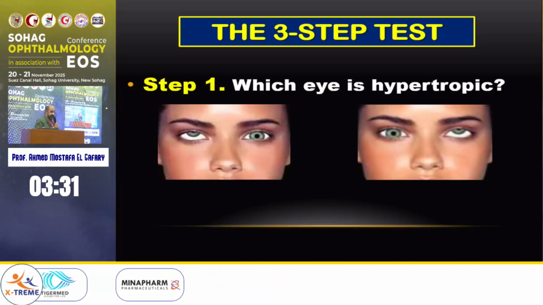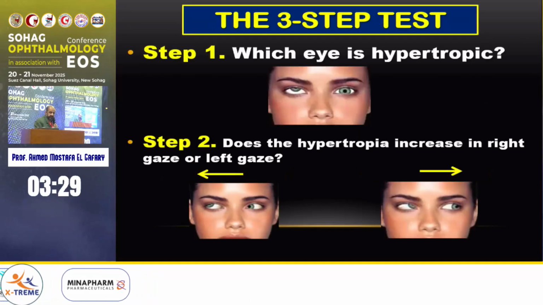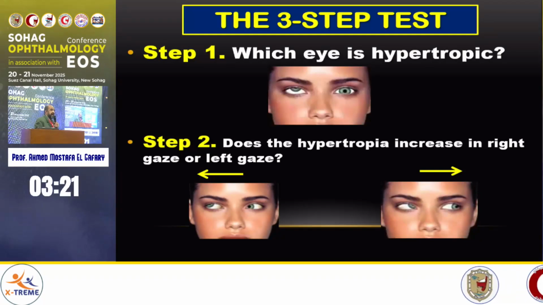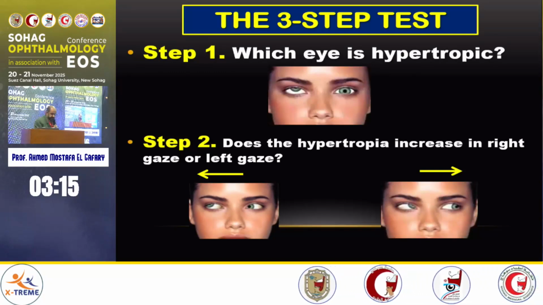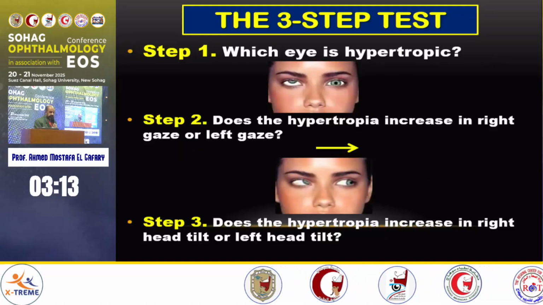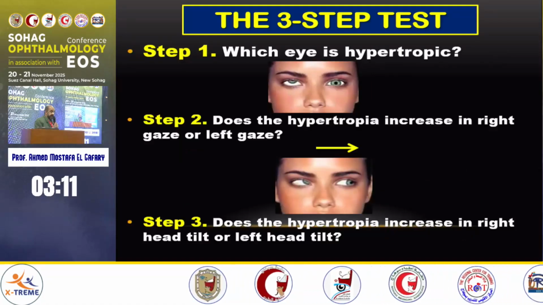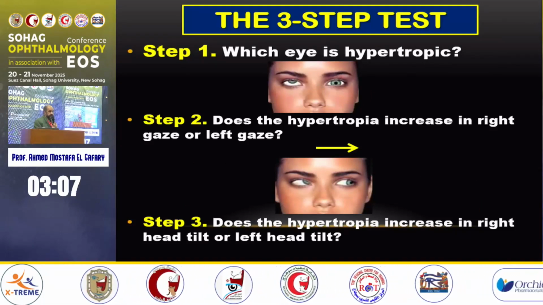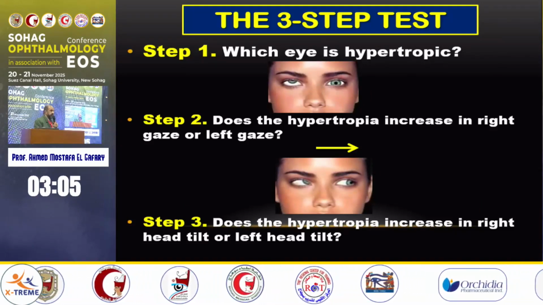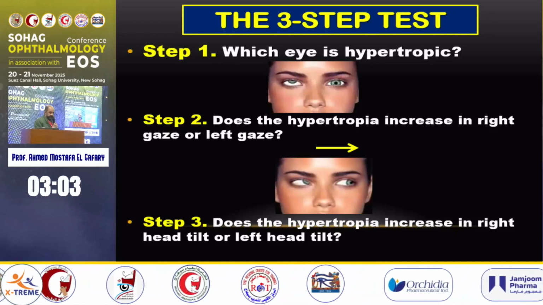So the answer of the first question is right hypertropia. Second question: does hypertropia increase on adduction or abduction of the right eye, which we have chosen from the first step? Say there is a right hypertropia that increases on adduction of the right eye. We will go to the third step.